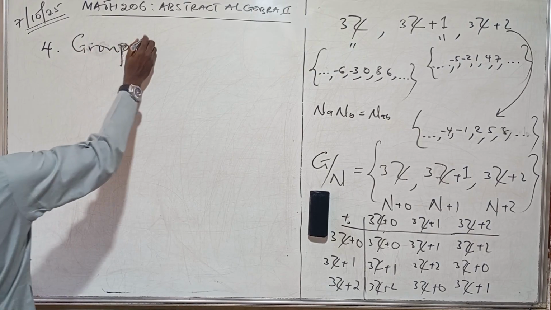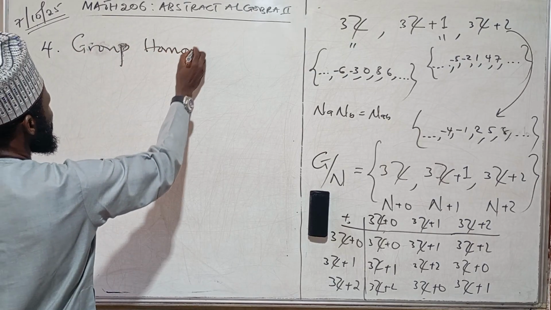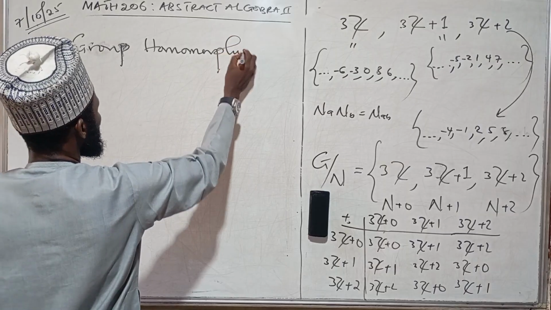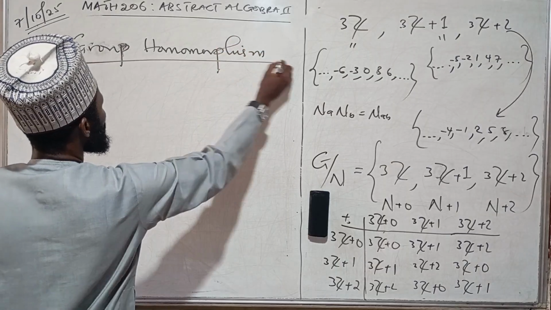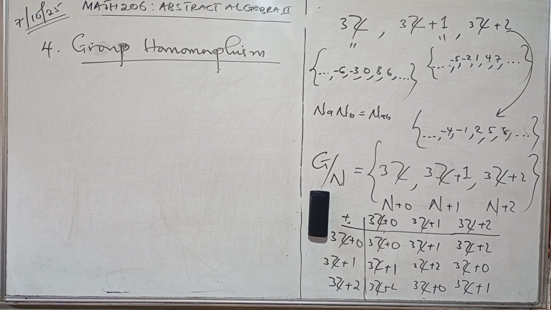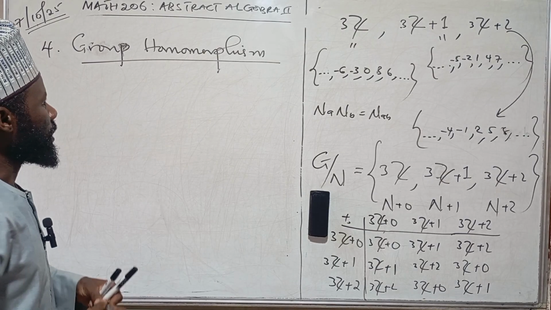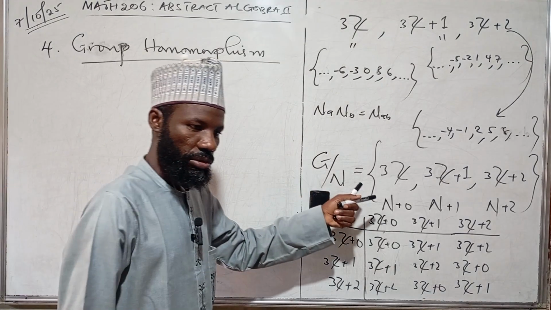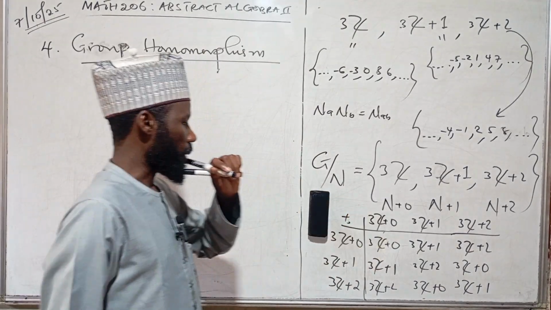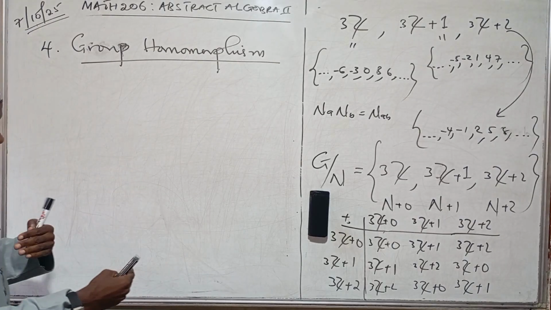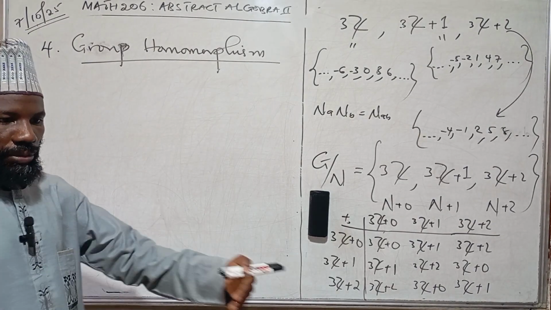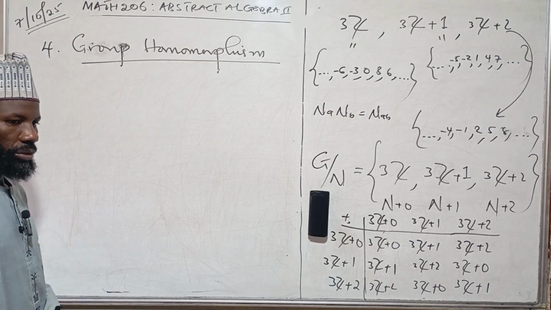Group homomorphism is a concept very closely related to the concept of normal subgroup. And this is the concept of having structure preserving mappings between groups.